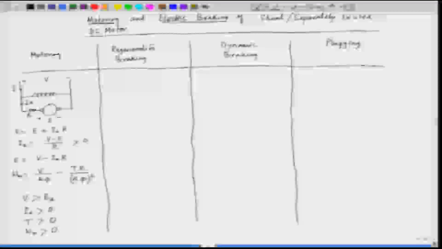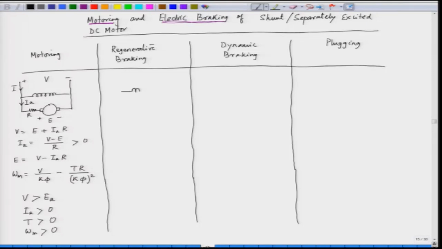So, here we have a similar circuit for braking, in this case regenerative braking.